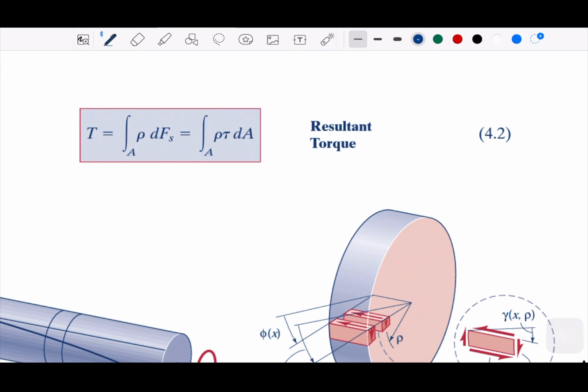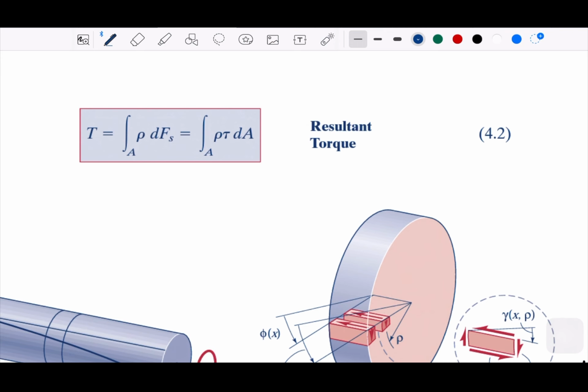And the force acting on this part is going to be the shear force. If we want the force in an element, it is the shear stress and the area, and the area is the small part that we see in the picture.